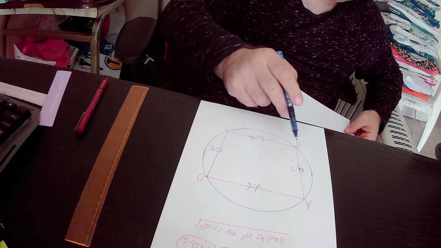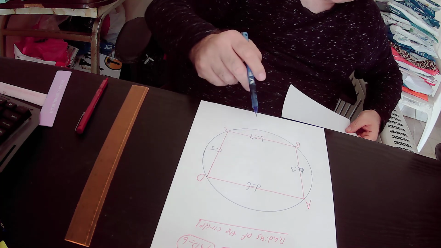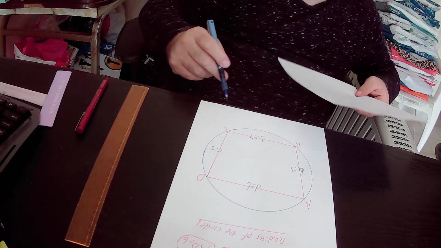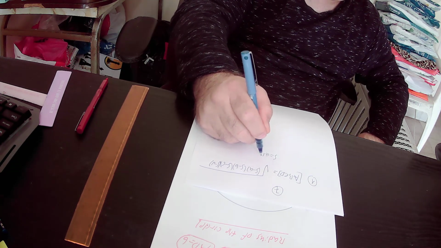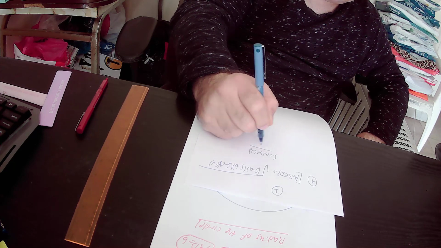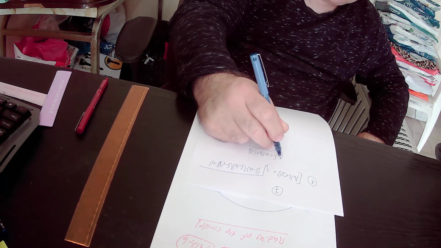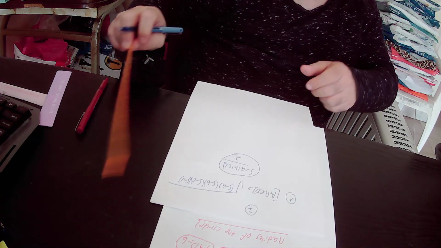In this case, A is 3, B equals 4, C equals 5, and D equals 6. And S equals A plus B plus C plus D over 2. This is according to rule number 1. And we will also implement rule number 2 in our drawing.